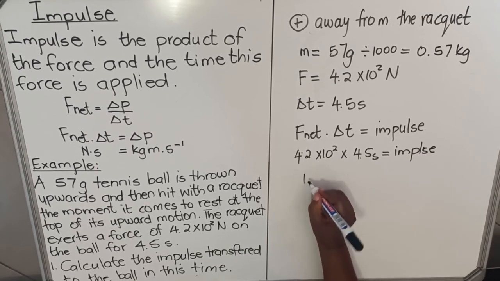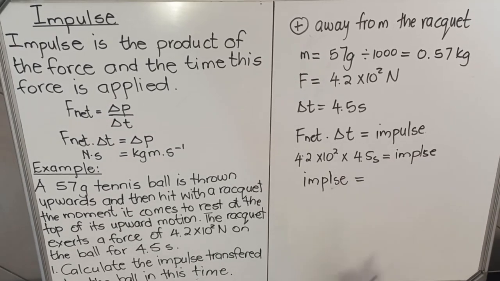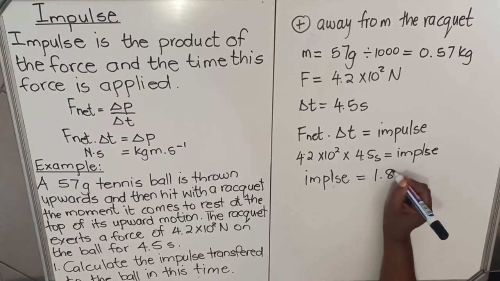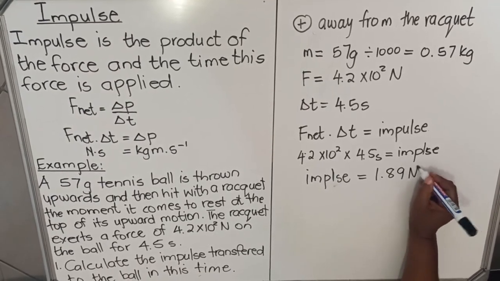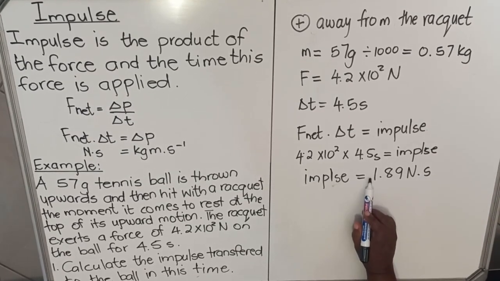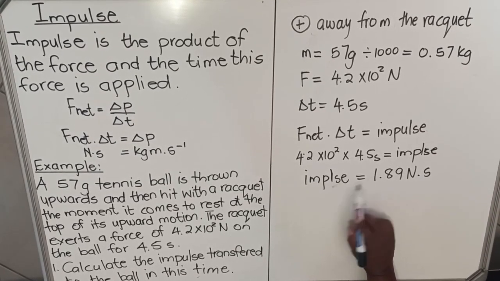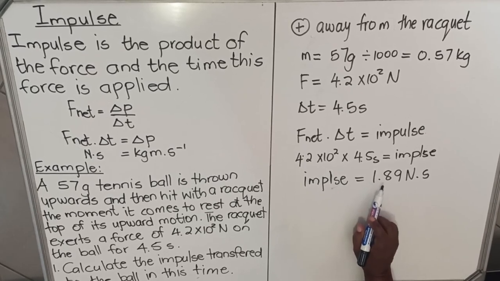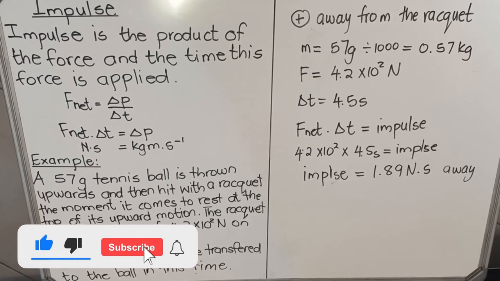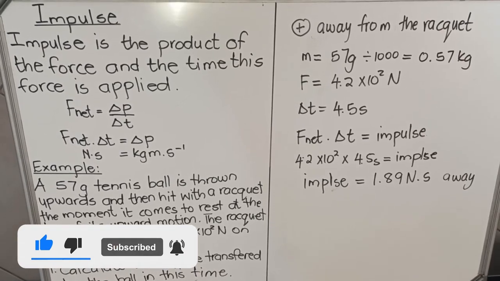So impulse is equal to, let's multiply that out, 1.89 times 10 to the power 3 newton seconds. Now our answer is positive, so it means the impulse is away from the racket. So your answer must have the direction, away. So this is how much impulse the tennis ball will feel.